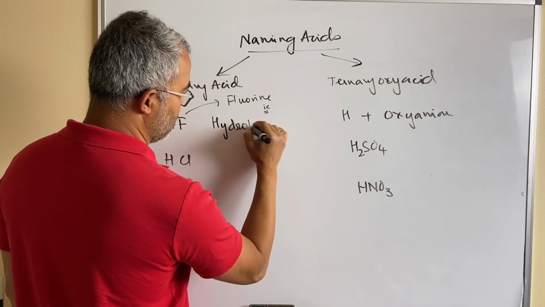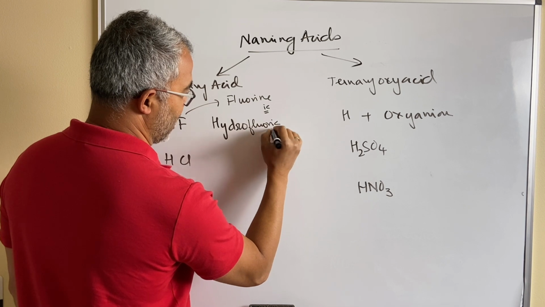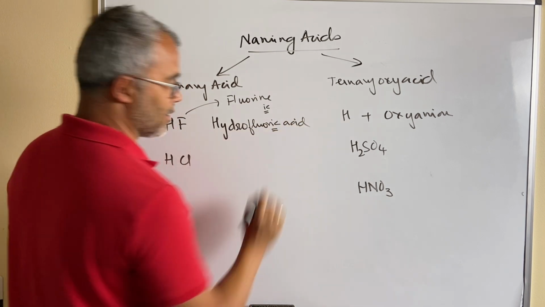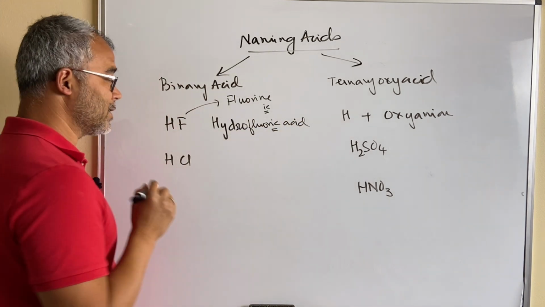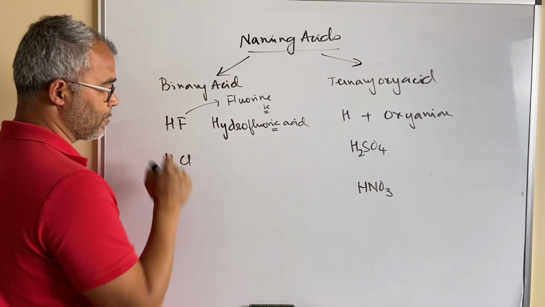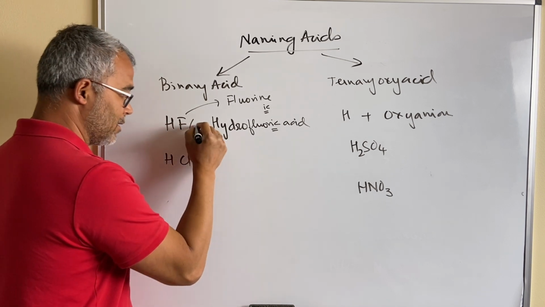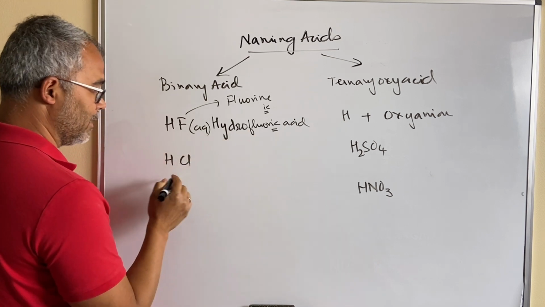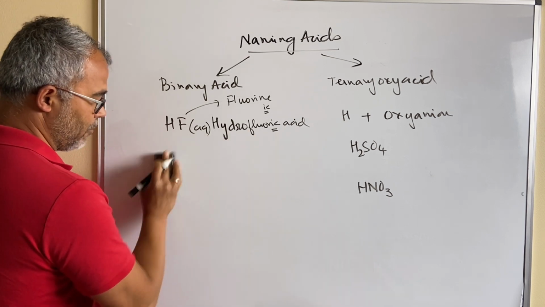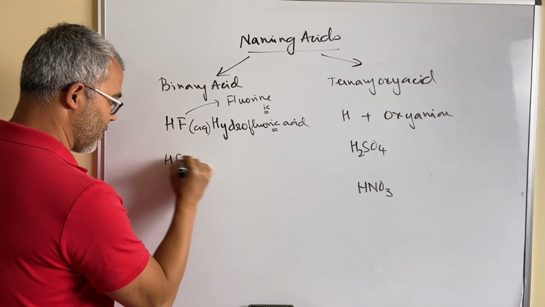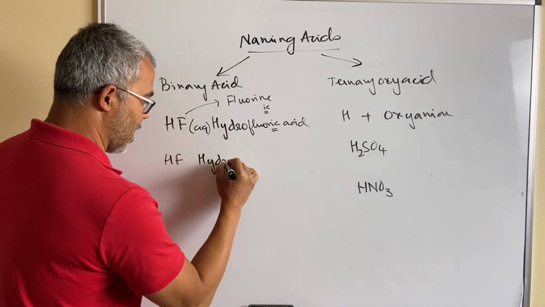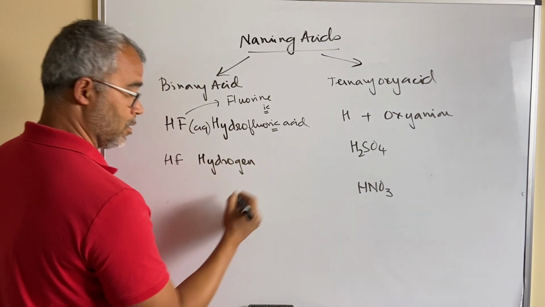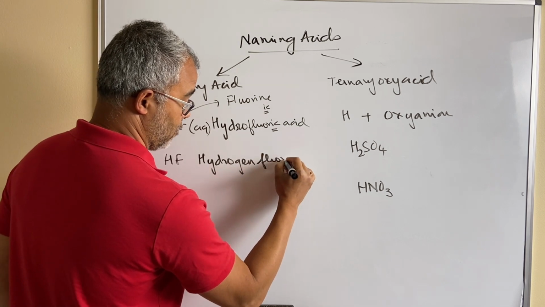Okay, so hydrofluoric acid. Now, how would you know it's an acid? If it was written this way, then it's not an acid. You have to have an AQ, an aqueous, then it's an acid. Okay, if it's simply written as HF, then that would be written as hydrogen fluoride.